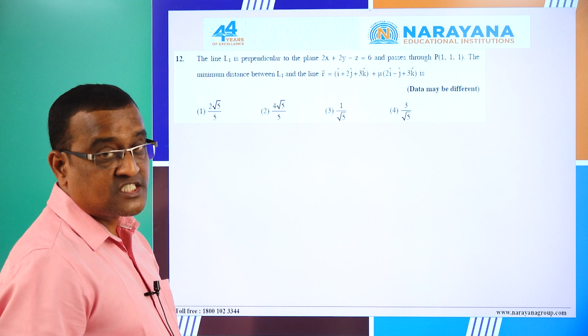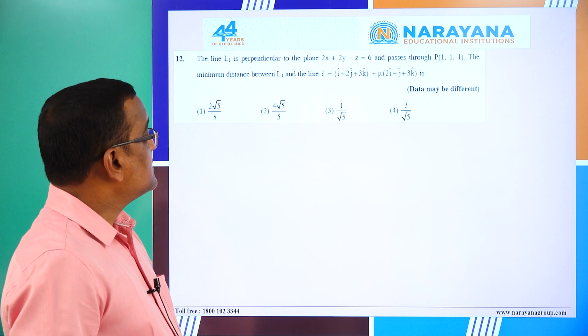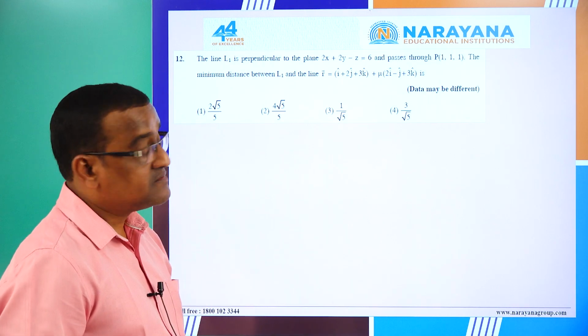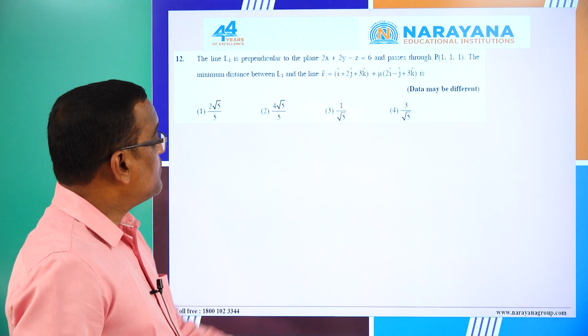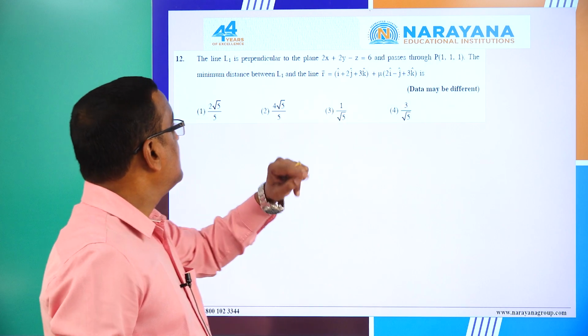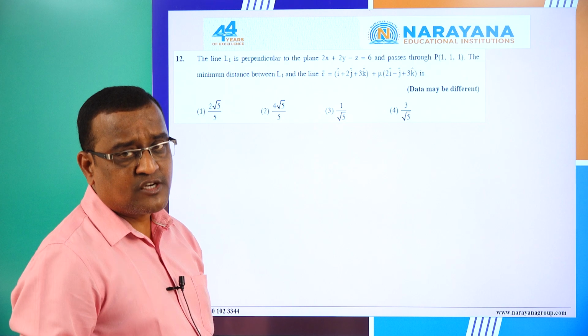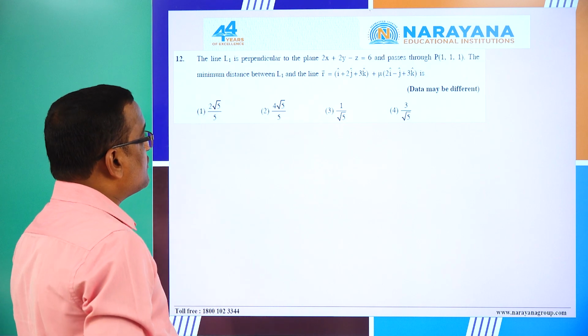So you want the shortest distance between the two lines. The second line is given directly, with passing point and parallel vector. For the first line, the point is given, and it is perpendicular to this plane. Since L1 is perpendicular to the plane, it is parallel to the normal to the plane.